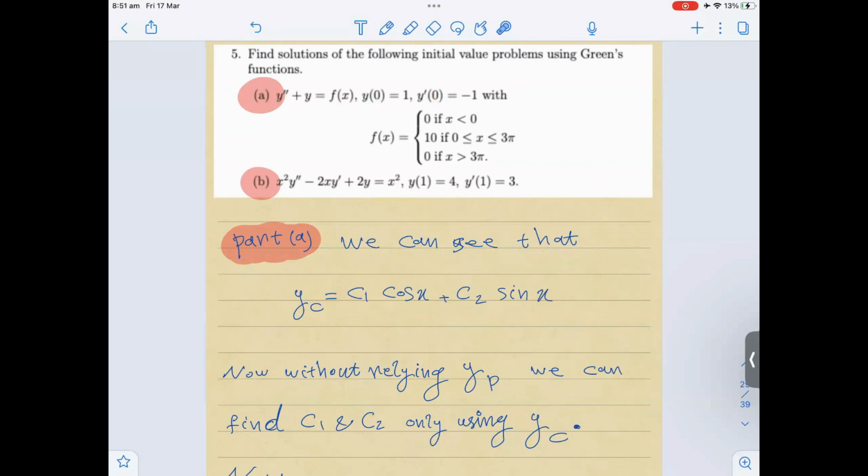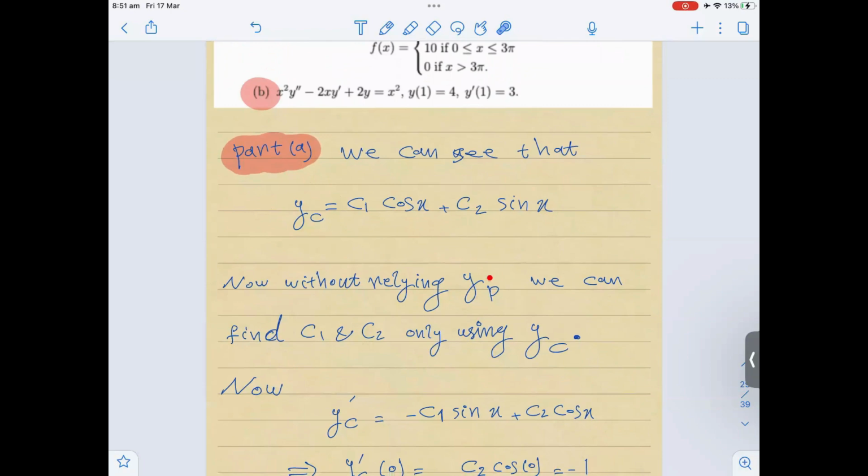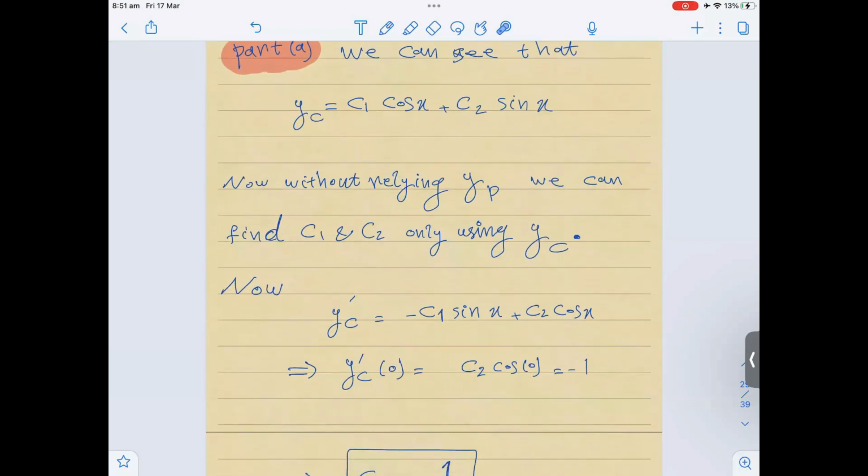So this means without relying on yp, you can get your C1 and C2. Finding C1 and C2 is not the business of yp anymore if you use Green's method. So yc prime, C1, C2, yc prime is this one.